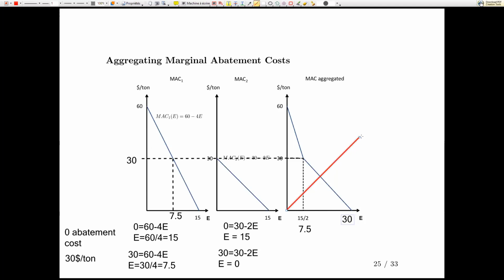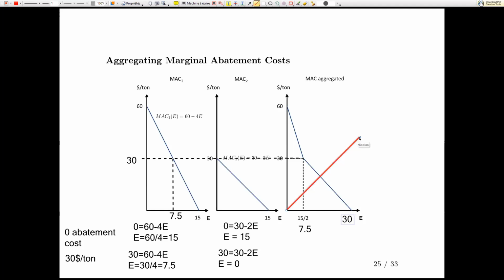And of course, if we didn't do that, then we wouldn't be able to compute this point there, because we wouldn't know for sure. Because essentially we have to know that whatever the abatement is, all the firms are going to abate, or the cheapest are going to abate first.